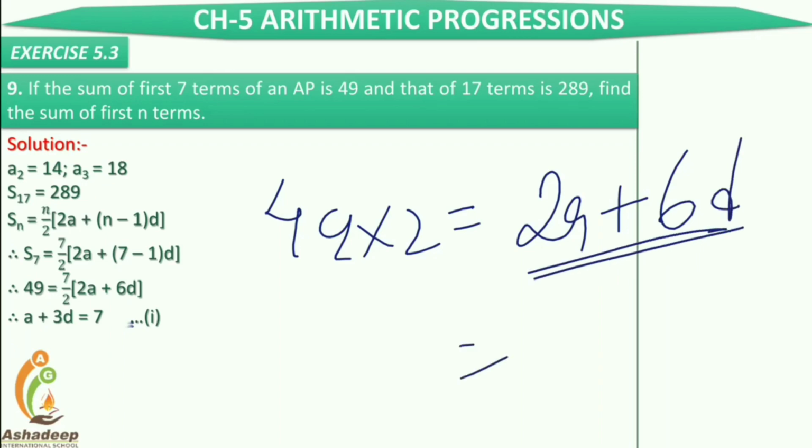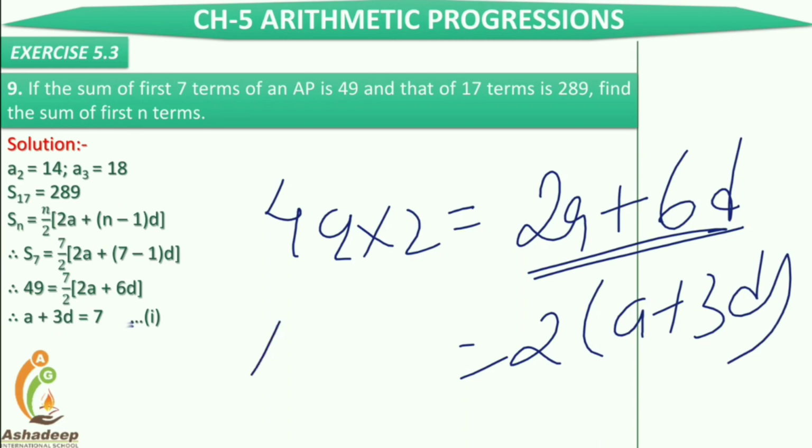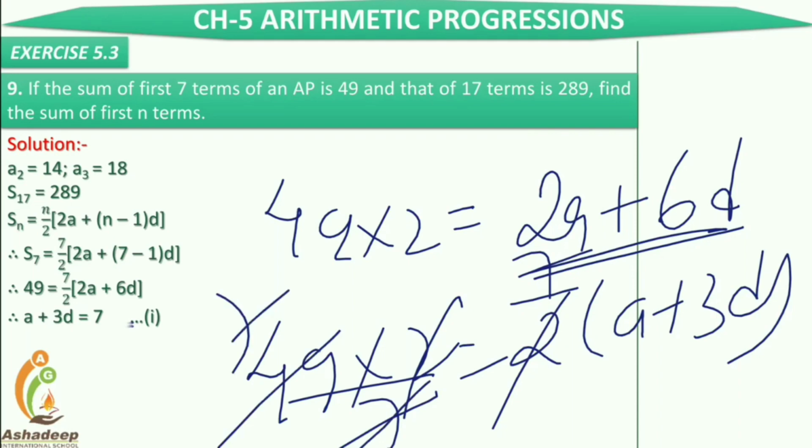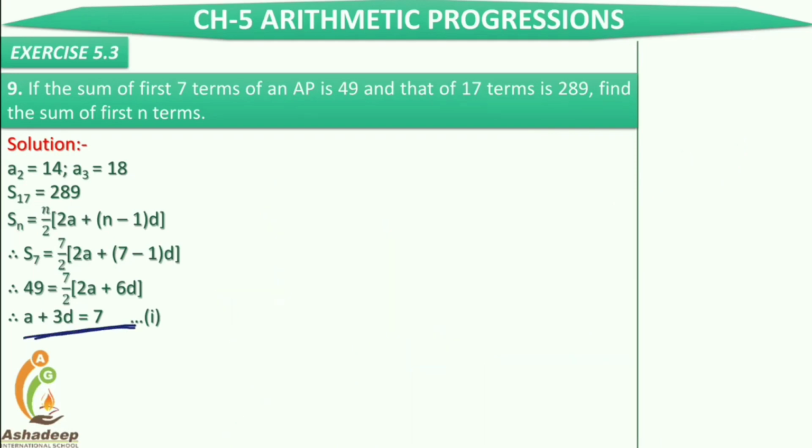Out of this, 2 is taken out common. a plus 3d is equal to 49 multiplied by 2, 2 and 2 cut. So 49 is equal to, and here it is 7, this 7 from the numerator goes into the denominator and the 7 cut. So a plus 3d is equal to 7.